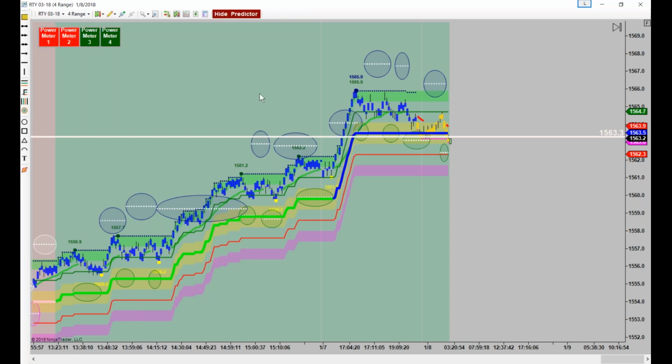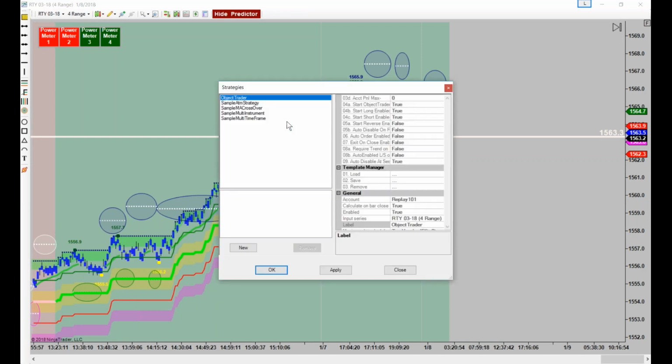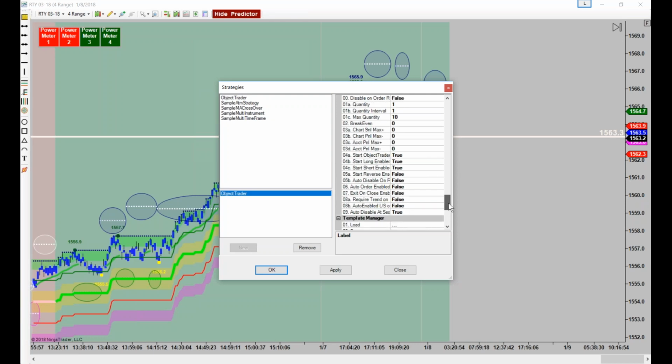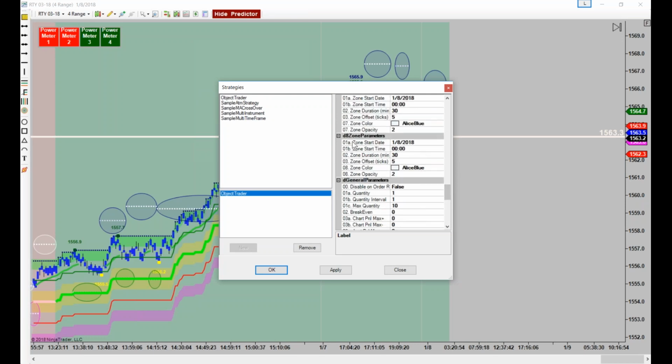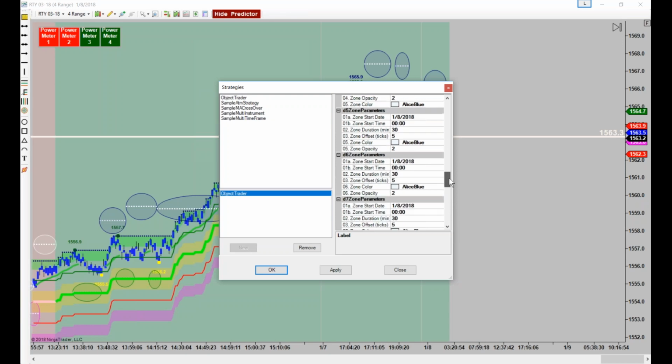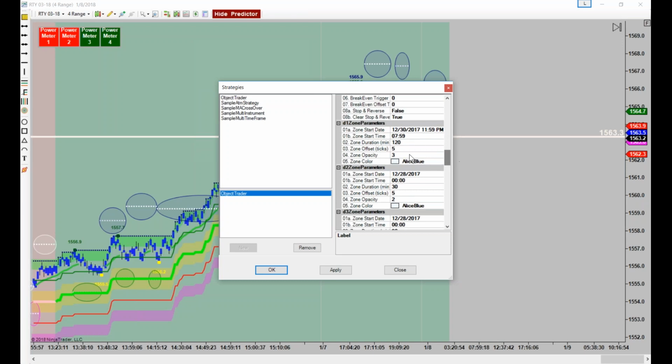Matter of fact, let's just go ahead and do just that. We'll take Object Trader, and remind me in just a little bit, because I'm going to show all you members the new Time Trader. I've also made Time Trader where you'll have 8 different zones, so you can set up to 8 different times. The only thing you cannot do is overlap them.